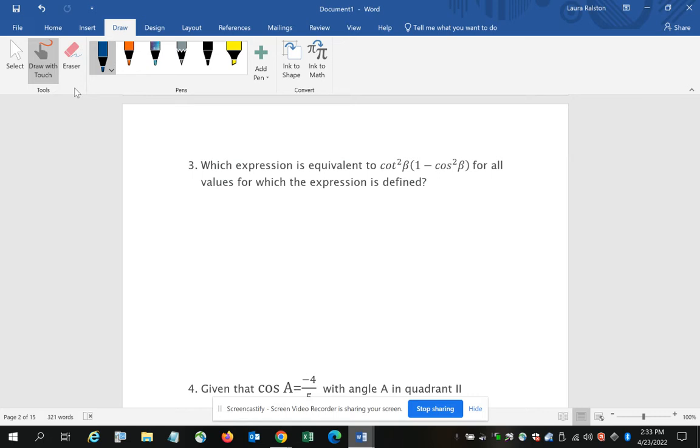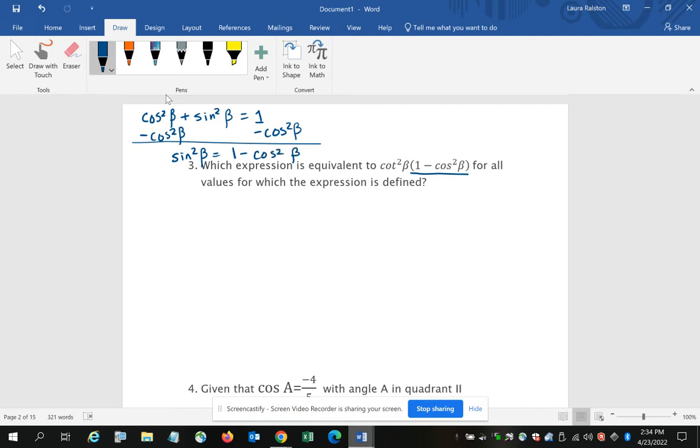What pops into my mind is one of the primary Pythagorean identities: cosine squared plus sine squared equals 1. If I solve this for sine squared, I see that sine squared beta is 1 minus cosine squared beta.